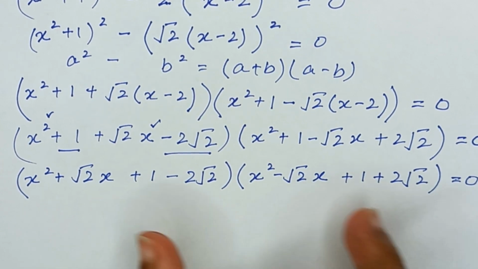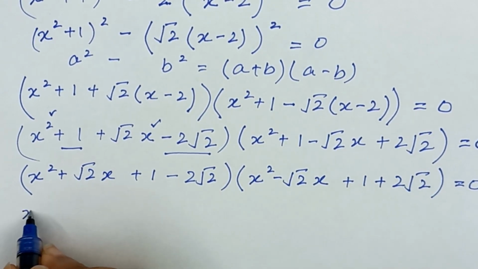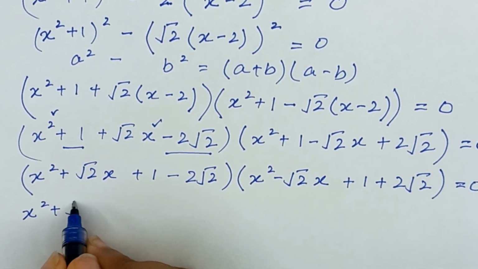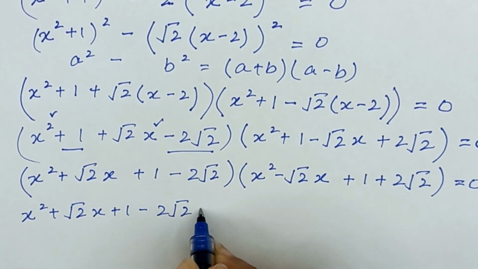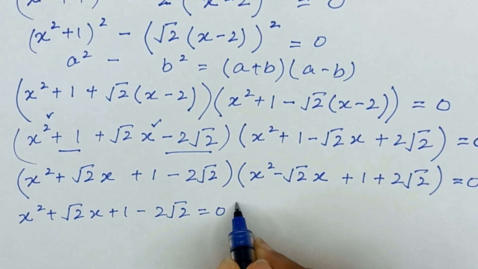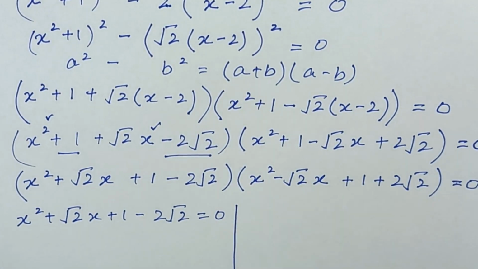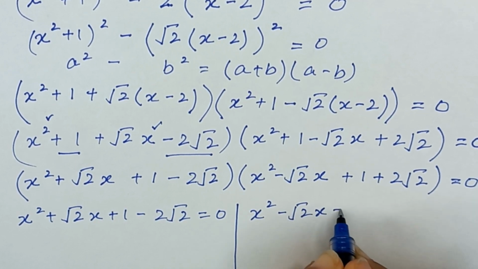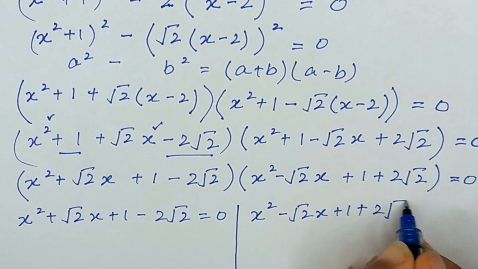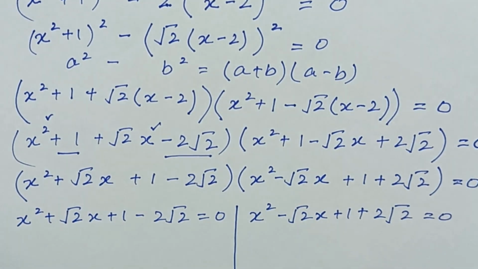Okay, now here we have two factors which are equal to 0. So x square plus square root of 2 times x plus 1 minus 2 square root of 2 will be equal to 0. And also x square minus square root of 2x plus 1 plus 2 square root of 2 is equal to 0.